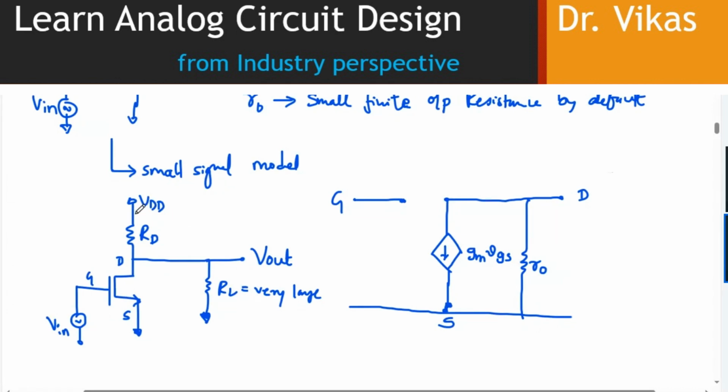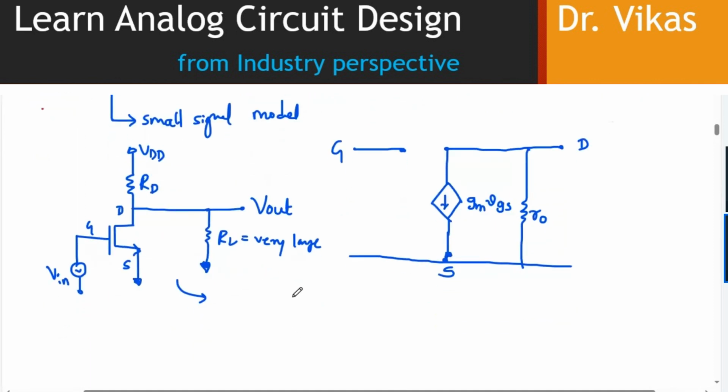So here is my DC supply. If this gets connected to ground, this circuit would look something like this. This side will be the input. I can say this will be RD, and to the same node RL is connected, which is also connected to ground.